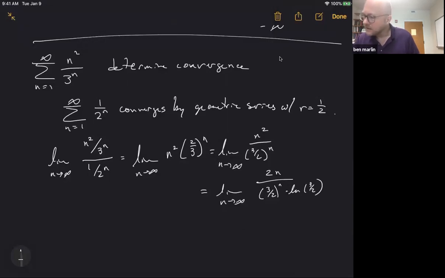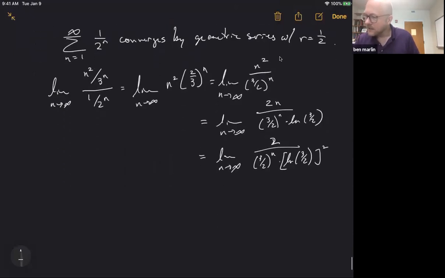That's still infinity over infinity, so you'll do it again, and you'll have a top that is just 2, and a bottom that is still (3/2) to the n, now times the log of 3/2, squared. Now you have a denominator that's going to infinity and a numerator that's bounded. So you end up getting 0 out of it.